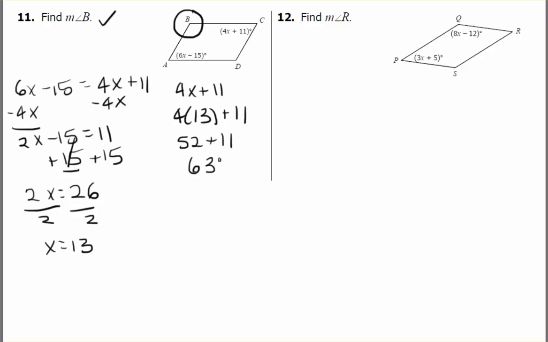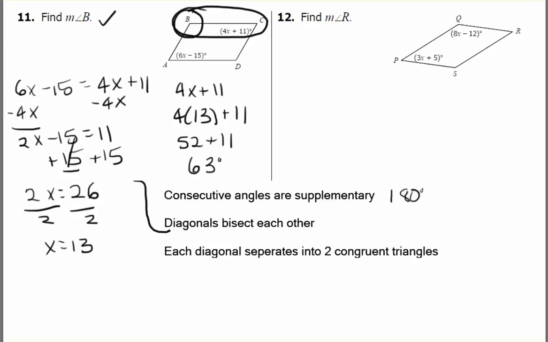So then if we look at angle B and angle C, I'm looking at these two angles. Those two angles are consecutive angles. So remember from our properties, consecutive angles are supplementary, right here.